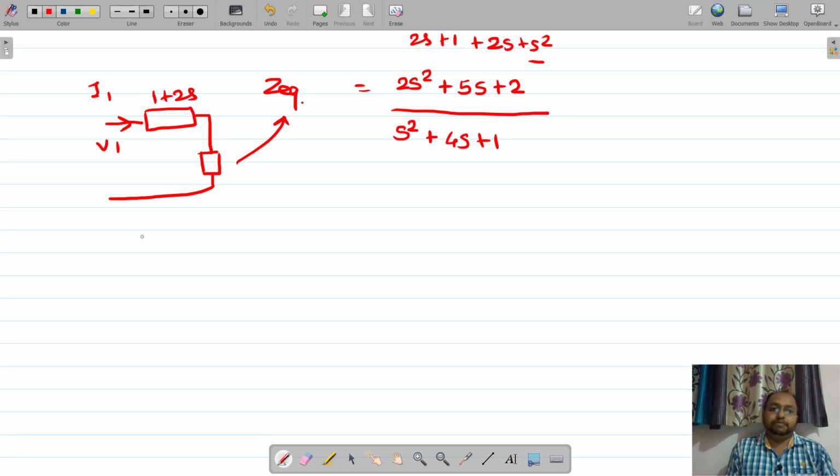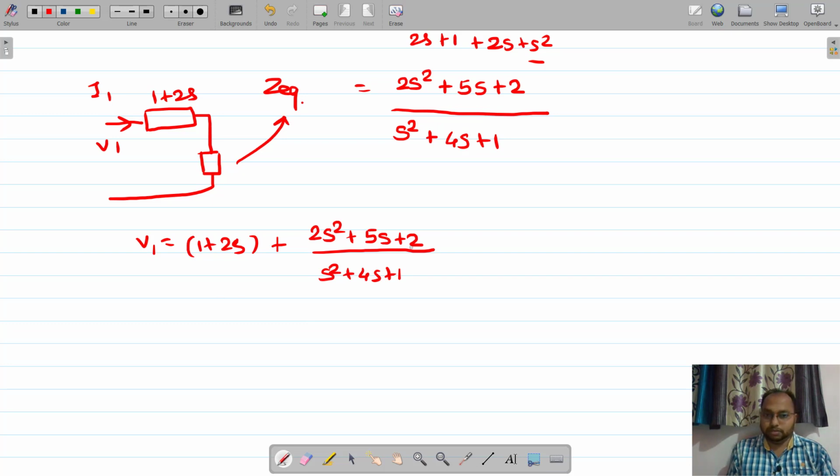Therefore, V1 is equal to 1 plus 2S plus (2S square plus 5S plus 2) divided by (S square plus 4S plus 1). Now let us multiply by I1.